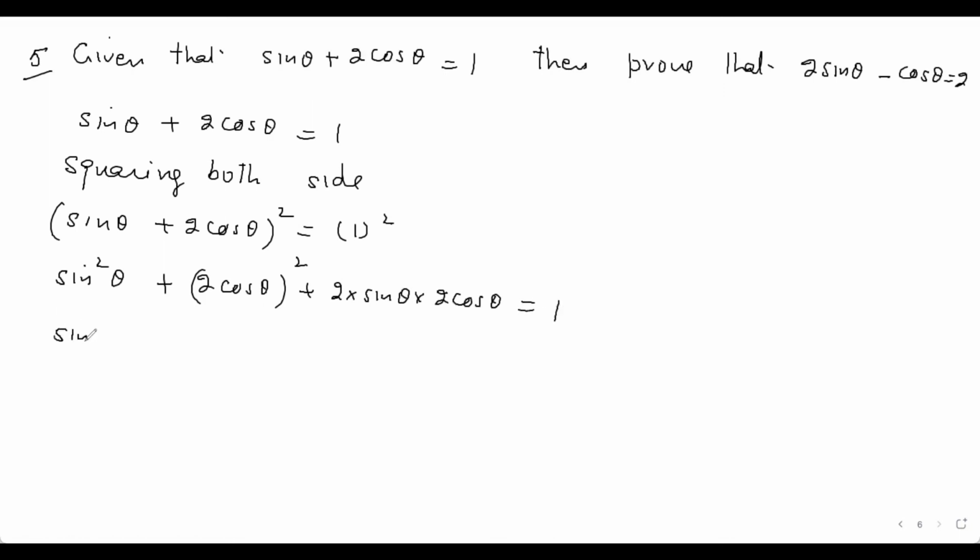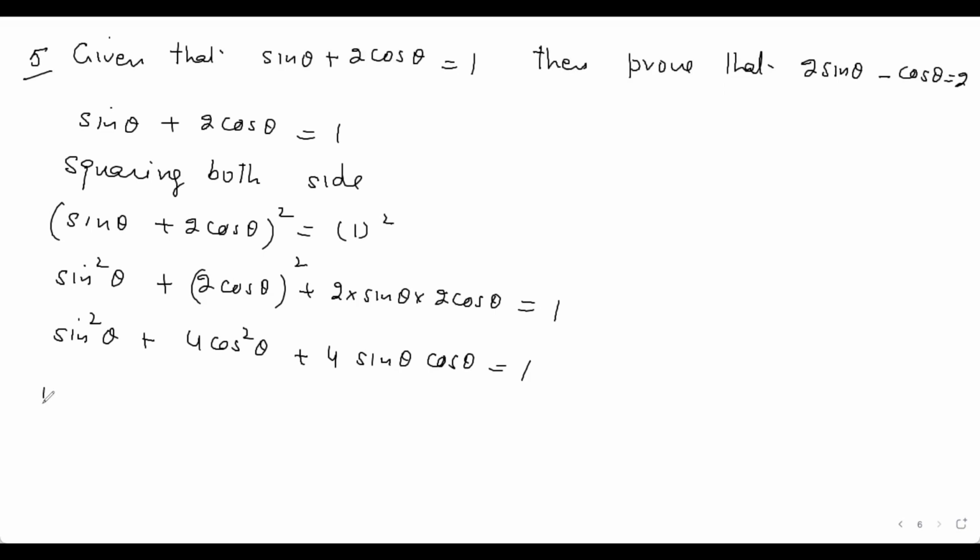This is equal to sine square theta plus 4 cos square theta plus 4 sine theta cos theta is equal to 1. Now change sine theta in terms of cos theta and cos theta in terms of sine theta.